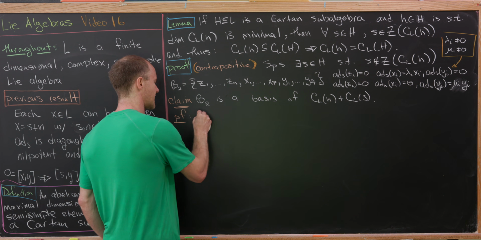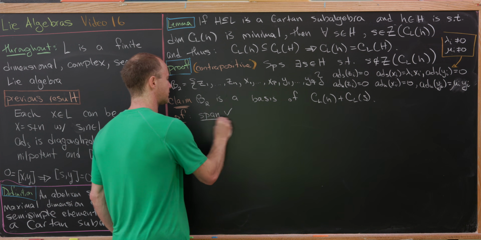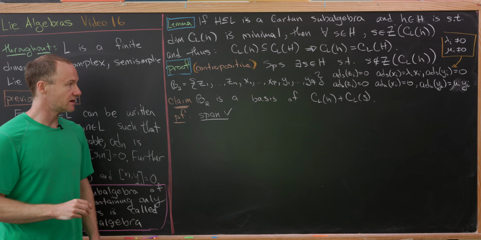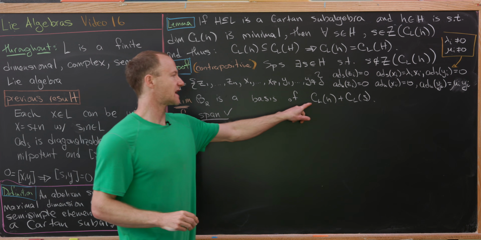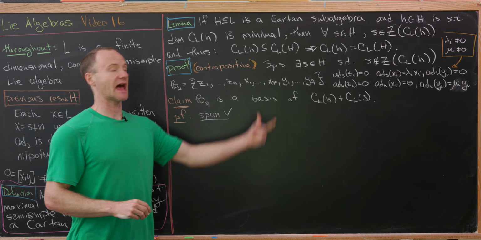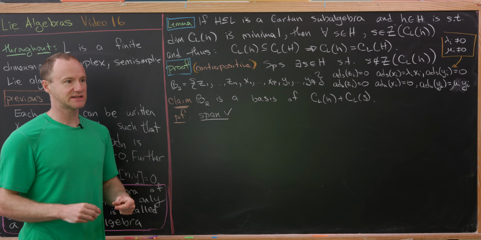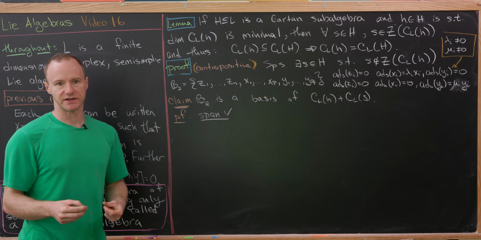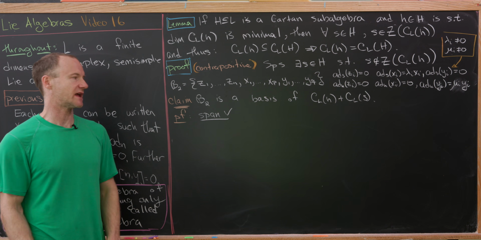So let's notice that the spanning is pretty much done. The spanning is done because we can get something inside of CLH by using Z's and X's. Remember, the X's extended the Z's to be a basis of CLH, so if it's a basis, then that spans.